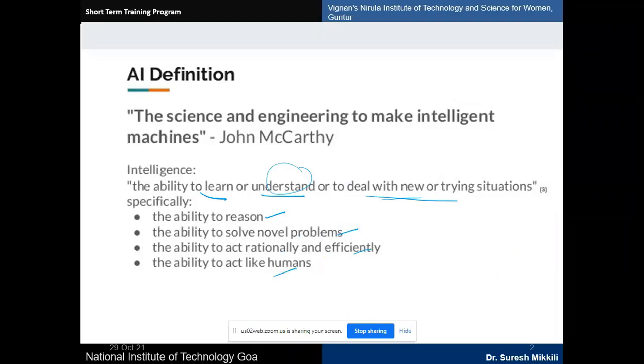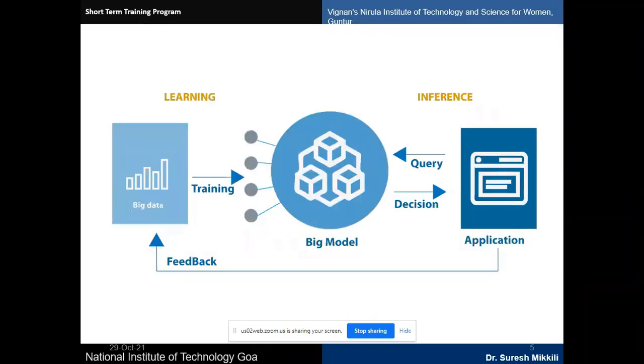Able to act like humans. Now if I give any big data to you, one model is given to you. So we will give the training. The output is different for the different applications we are working on. There is a particular model and one data is given to you. Based on the selection of data and values, the same model can be used for different applications.